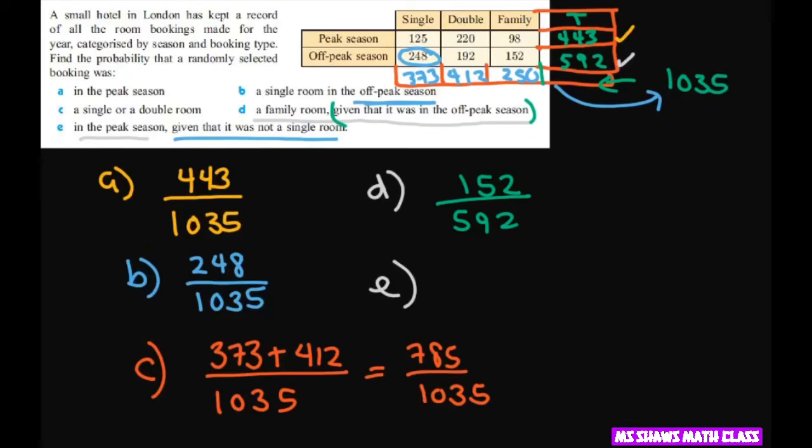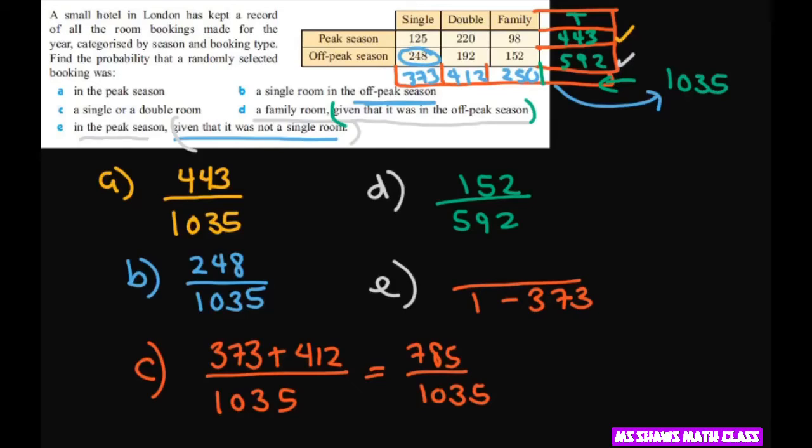Or you could just say 1 minus your not single, which is 373. So that's your given part. That always goes in the denominator.